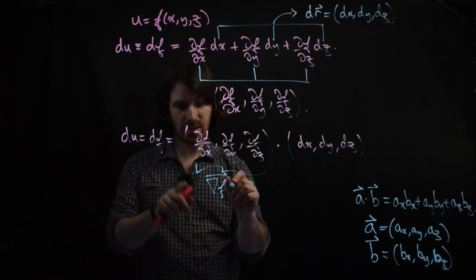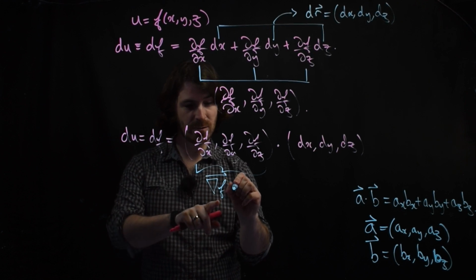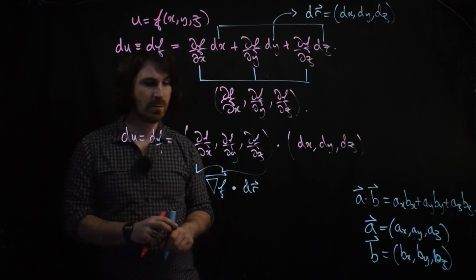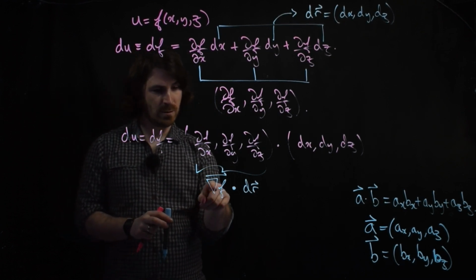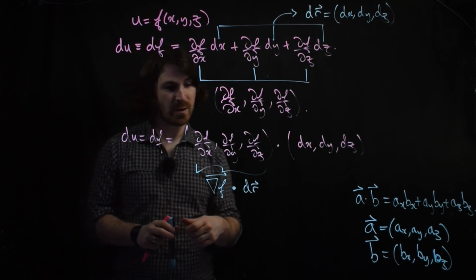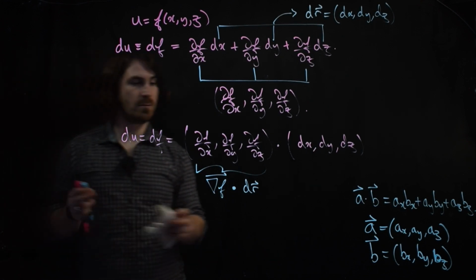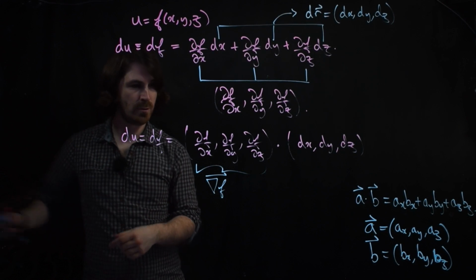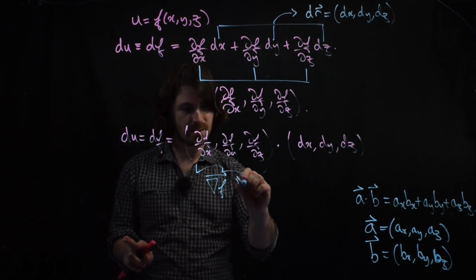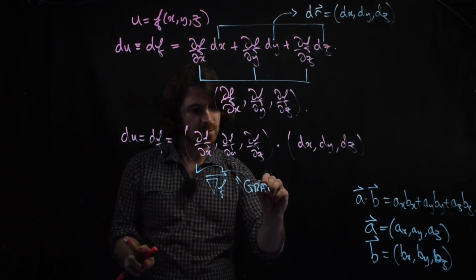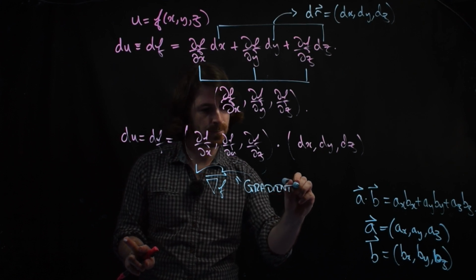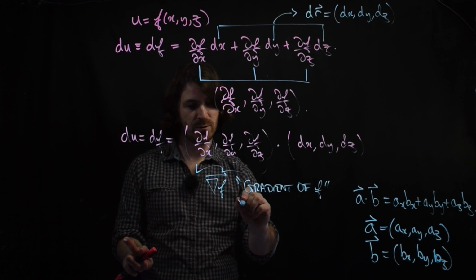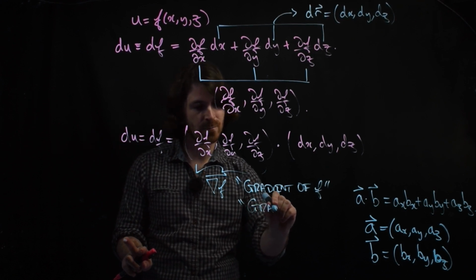And we're saying that df can be written as this vector dotted with this vector, dr. So this is called the gradient of f, sometimes just known as grad f.